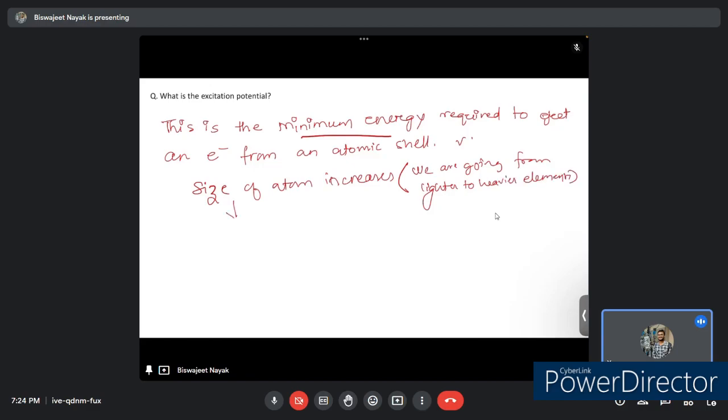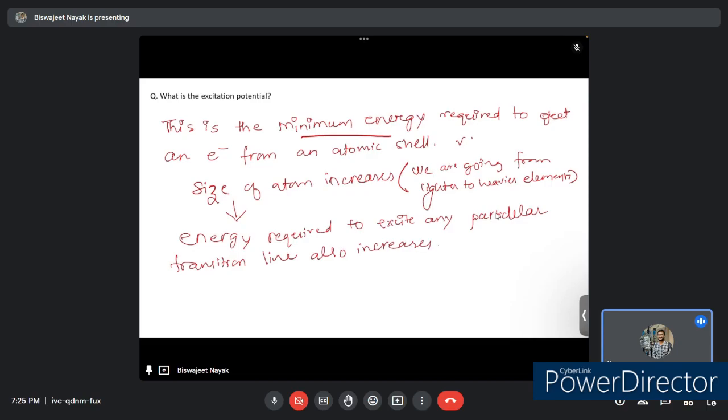So here the energy required to excite any particular transition line, like those K alphas, L alphas, M alphas, also increases.